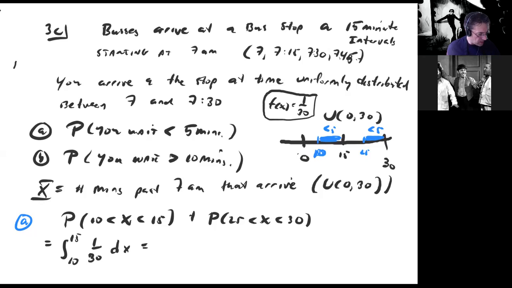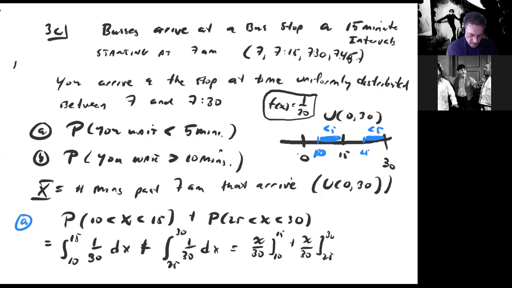And then we're going to have to add to it the integral from 25 to 30 of 1/30th dx. And so this gives you X over 30 evaluated from 10 to 15 plus X over 30 evaluated from 25 to 30. And you can compute this and you'll get 1/3. So 1/3 is the answer for part A.